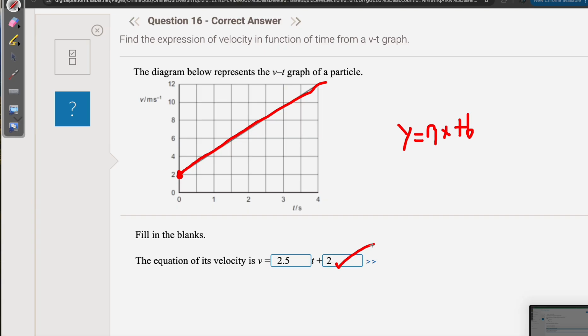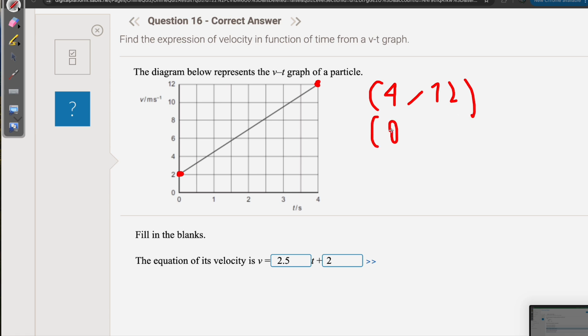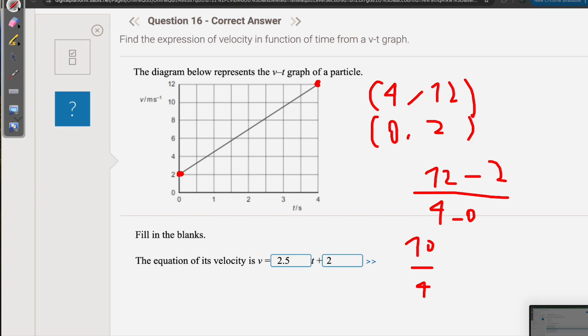And now to find the m part, which is the slope, we just need 2 points. (0, 2) and (4, 12). So again, 12 minus 2 over 4 minus 0, which is 10 over 4, which is 2.5.